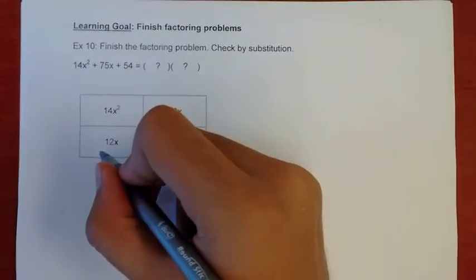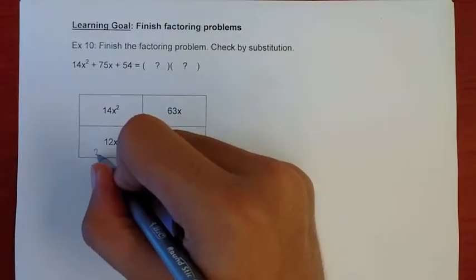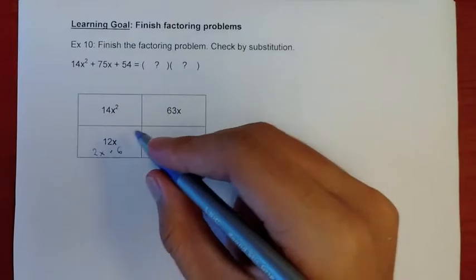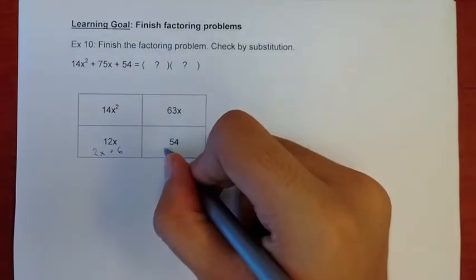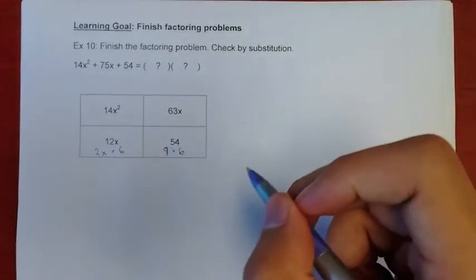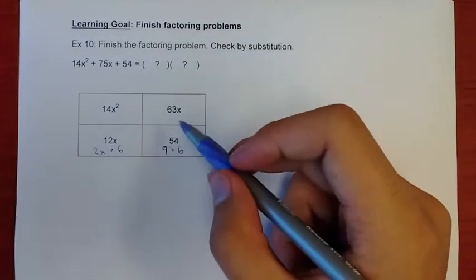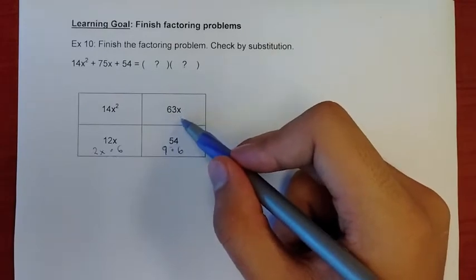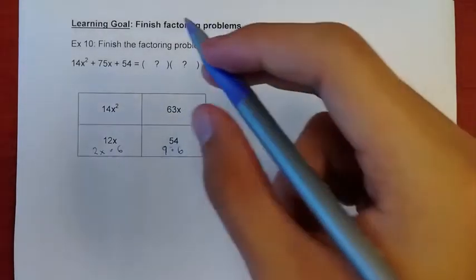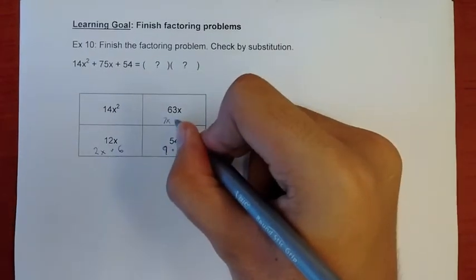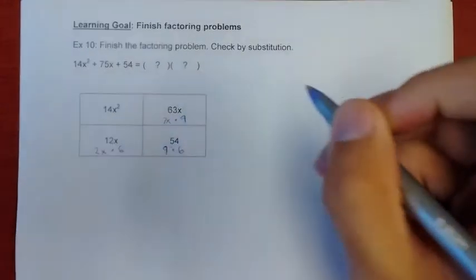So for this 12x, I can write here maybe 2x times 6 equals 12x. And for 54, we can say that 9 times 6 is 54. And if we look at 54 and 63, their greatest common factor is 9. So we can say that this is 7x times 9.